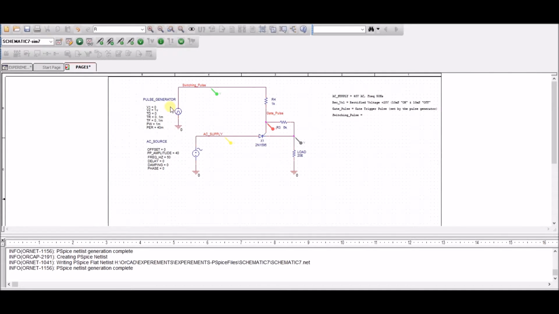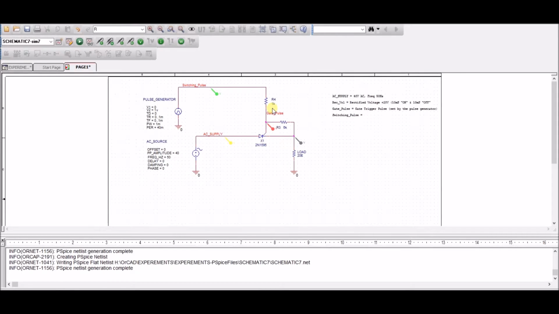What we have done here is we are generating a small square wave pulse with a pulse width of 1 millisecond, and the period is about 40 milliseconds. So it's just a short pulse that we are generating, and this short pulse is given through a 1K resistor to the gate.